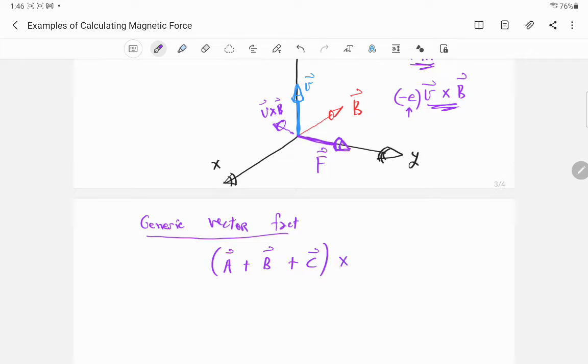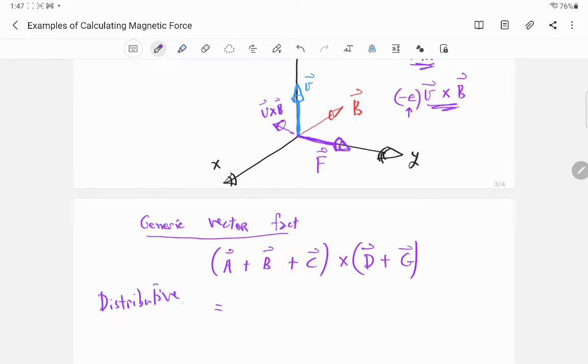And I want a cross product with a vector D, right? So actually, let me make it a little bit more interesting. How about D plus G? So I have A plus B plus C cross product with a fourth vector and a fifth vector. You see there's 5 vectors total. And I want to know what this is.